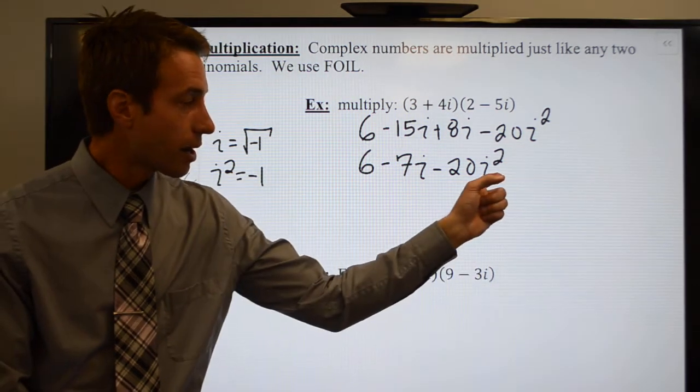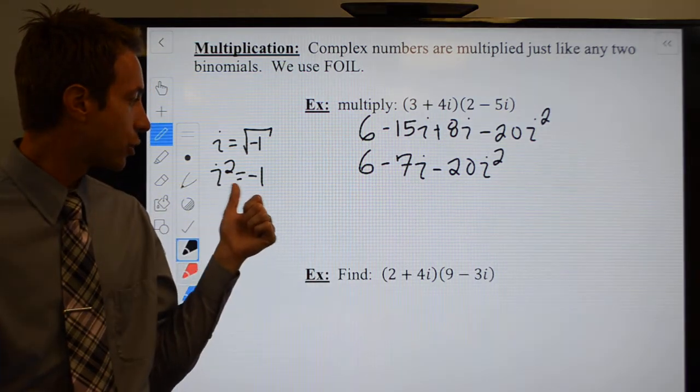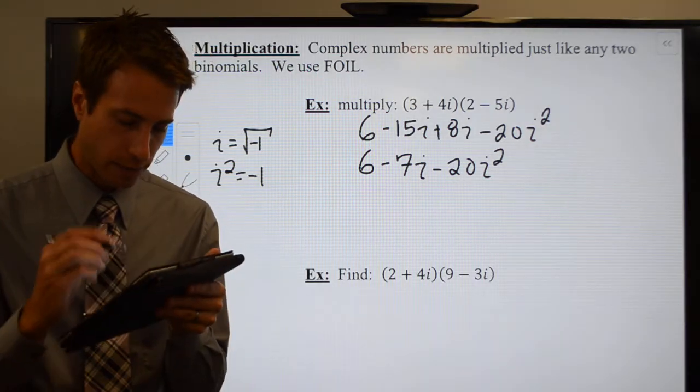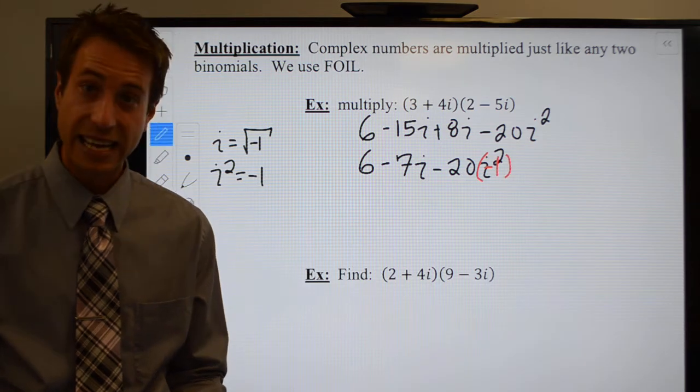Well, I've got an i squared here. So let's do a substitution. Since I know i squared is equal to a minus 1, guys, plug in a minus 1. That is now going to become a negative 1.